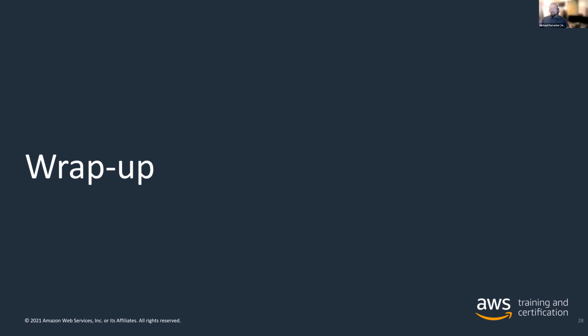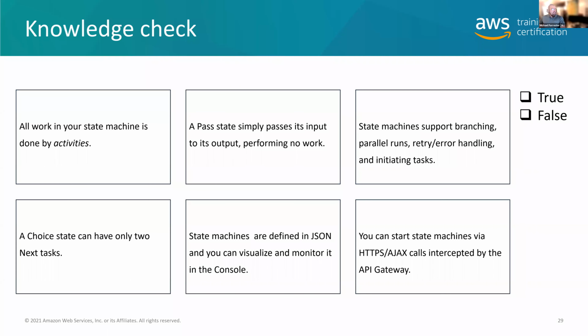So let's test our knowledge, because that was really like a 30-minute module, honestly, on step functions. All right. So all work in your state machine is done by activities. Is that true or false? Were activities the way that we defined the steps in a step function, or were they called something else?